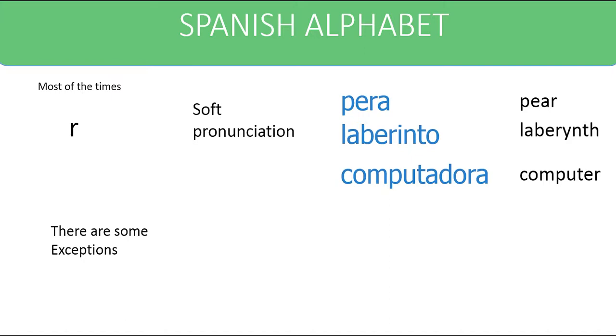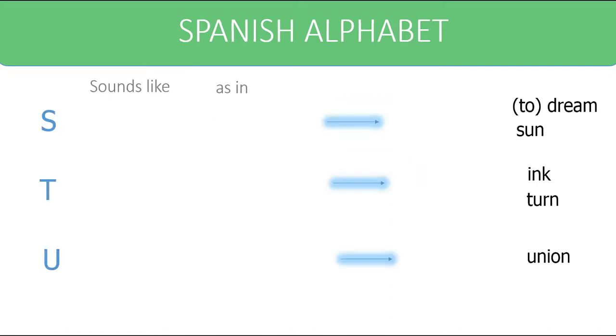Right now it's time to remember all the letters that we have learned so far. So it's A, B, C, D, E, F, G, H, I, J, K, L, M, N, Ñ, O, P, Q, R.